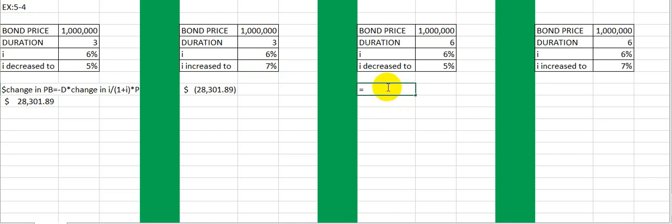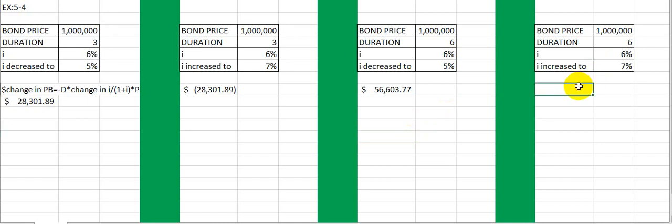Again, the change in the price of the bond will be minus duration times change in I, which is new minus old, over 1 plus the initial I times the price of the bond. So it will be doubled, double the 28,000 since the duration has doubled. So it will be an increase in the price of the bond by $56,000.